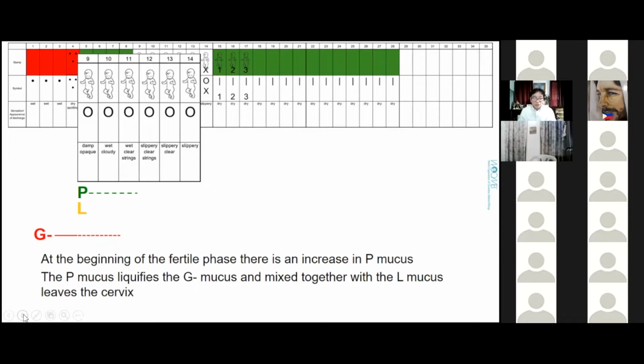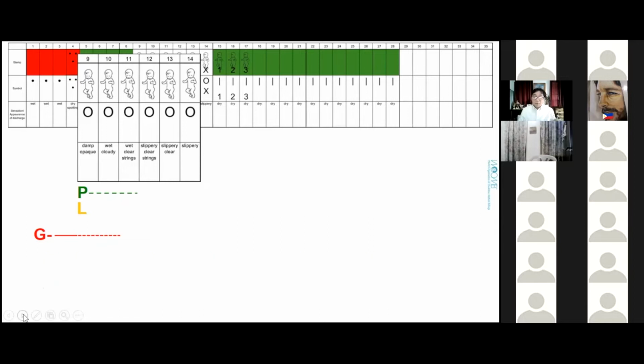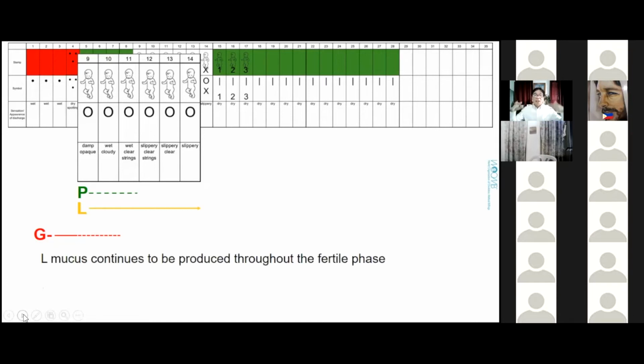To liquefy. But after liquefying the G mucus, the P mucus now will be decreasing in terms of amount. Gradually, it will disappear. But at the same time, on day 9, L mucus will appear until the entire mucus production. L mucus continues to be produced throughout the fertile phase, which I already mentioned to you the reason behind.